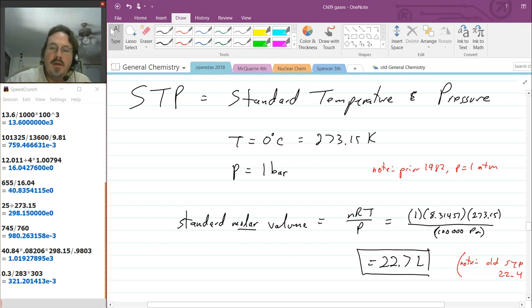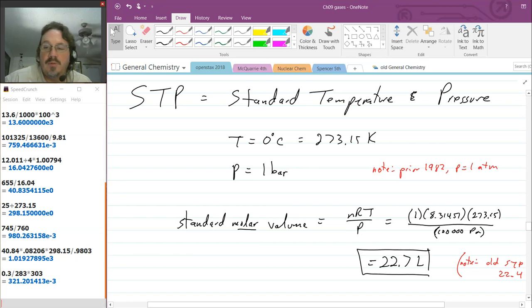They're giving you essentially temperature and pressure when they say it's under STP. One note: since 1982, the standard pressure has been defined as 1 bar. Prior to 1982, they defined it as 1 atmosphere. Most people just worked in units of atmospheres, and the average pressure on Earth at sea level is 1 atmosphere.